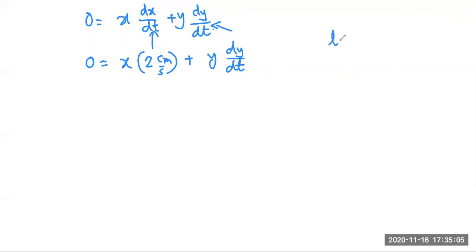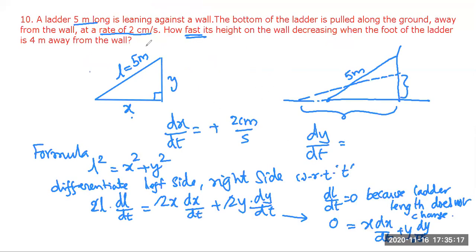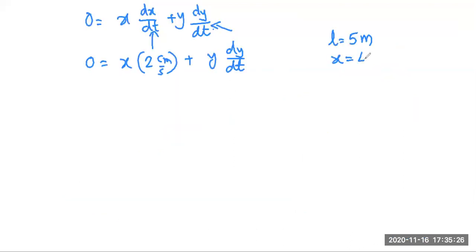L is 5 meters. Observe the units also: 2 centimeters per second, L is 5 meters. And he said when the foot of the ladder is 4 meters away from the wall, that means x is 4 meters. Both are given.